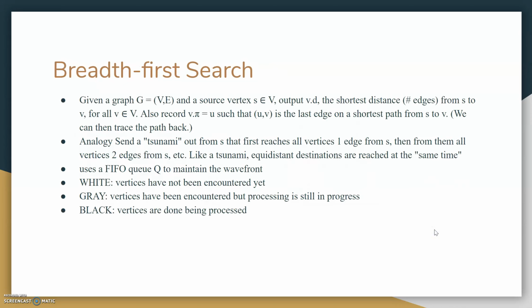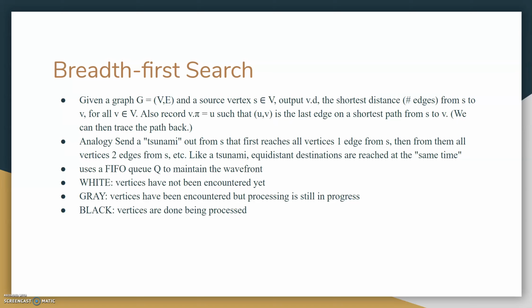Now let me talk about breadth first search. Breadth first search is a way to find the shortest distance from S to V, and you also have to record which vertices and edges you have visited, because that way you can trace the path back.